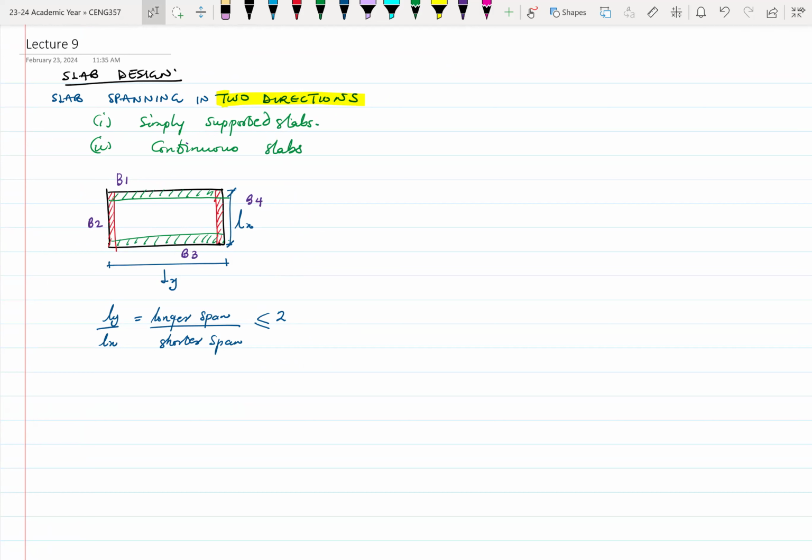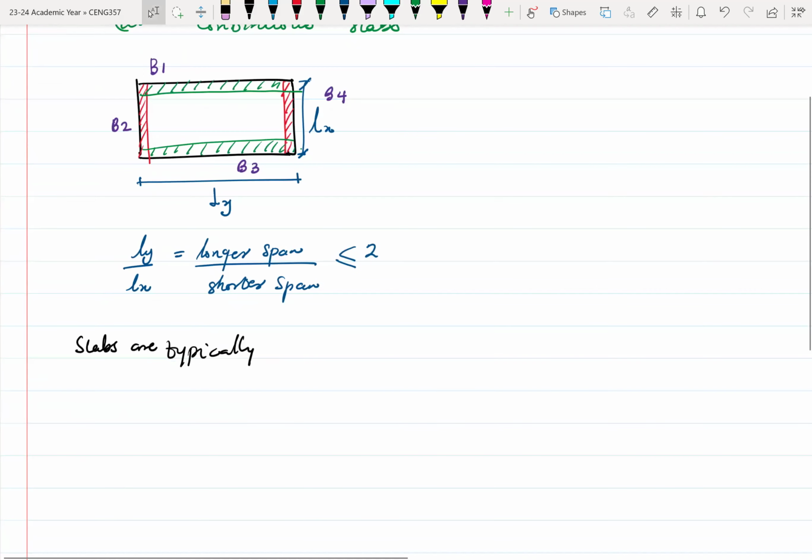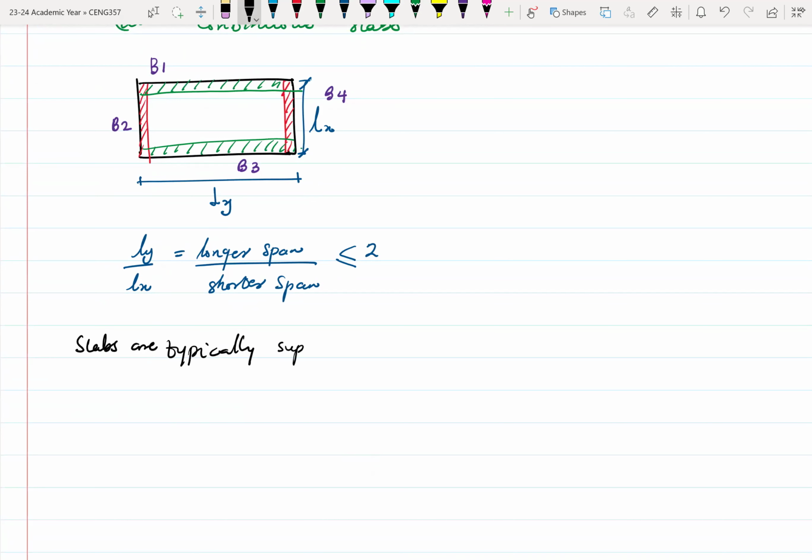Normally in design, we would come to realize that slabs are typically supported on all sides, or in this case, the four sides, since we're looking at four sides.